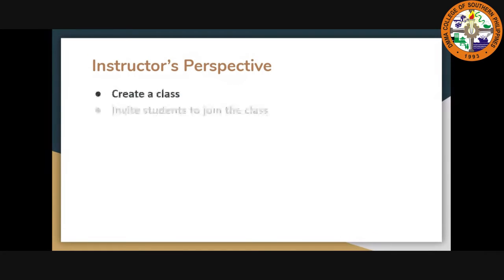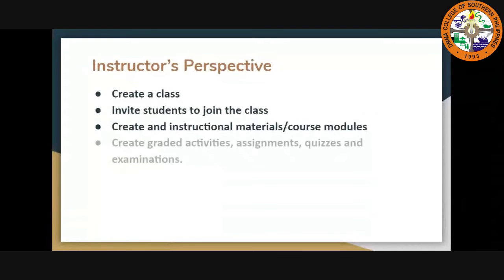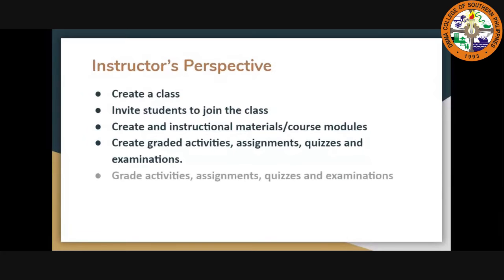They can create graded activities, assignments, quizzes, and examinations. Instructors can quickly see who has or hasn't completed the work and provide direct feedback and grades right in the classroom. Lastly, instructors can communicate with students by sending emails, announcements, and reminders.